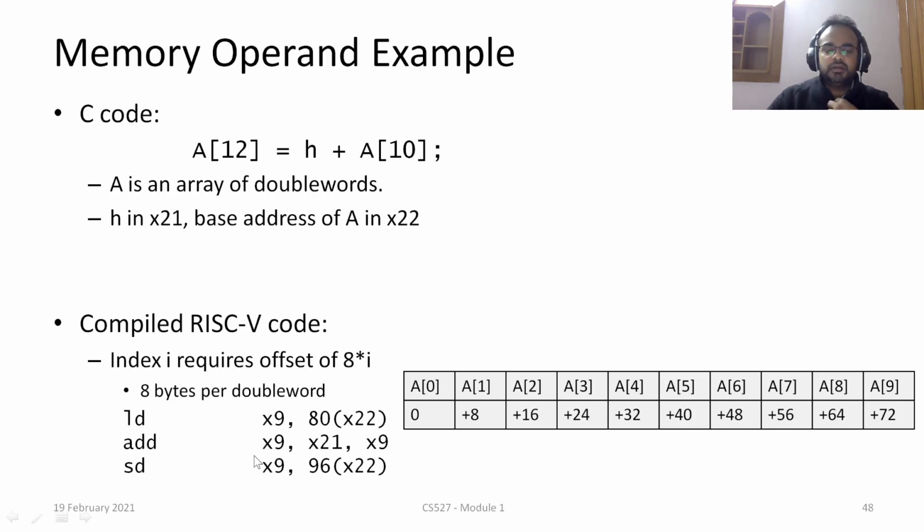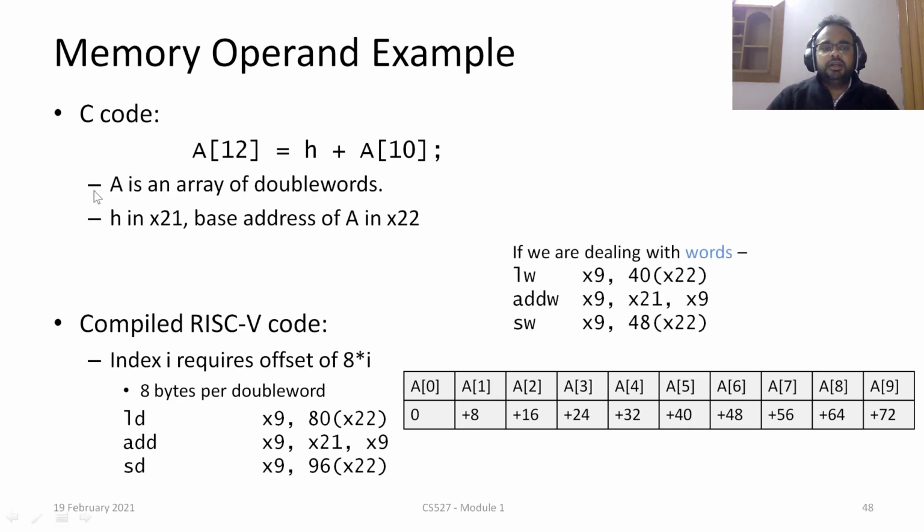Store the double word value which is in x9 into the location given by x22 plus 96. This way we are able to perform A of 12 equals h plus A of 10. So we need these data transfer instructions to get the data from memory, work on it, and whenever we are done, write something back to the memory using a store instruction.